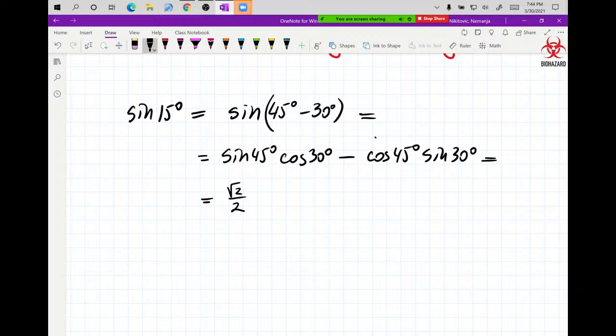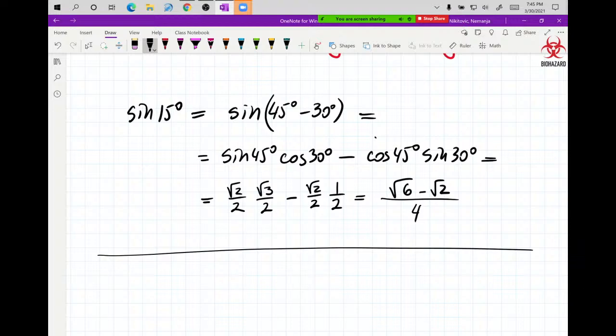Cosine of 30 degrees is root 3 over 2. Minus cosine of 45 degrees is root 2 over 2. And sine of 30 degrees is 1/2. You can see that you have the common denominator of 4, because 2 times 2 on both. And you just have root 6 minus root 2 over 4. That is the exact value. Yes, you can get decimals. No one cares about it, but you can get decimals.